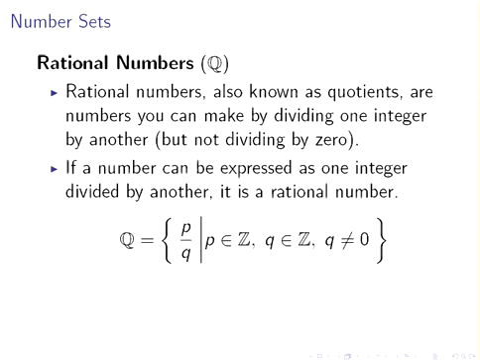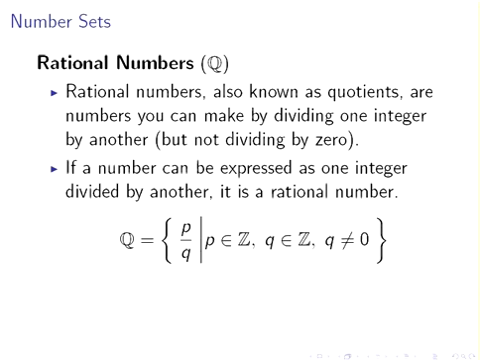Rational numbers are also known as quotients. That gives an indication of why we use the symbol Q. They are numbers that you can make when you divide one integer by another, apart from dividing by 0.